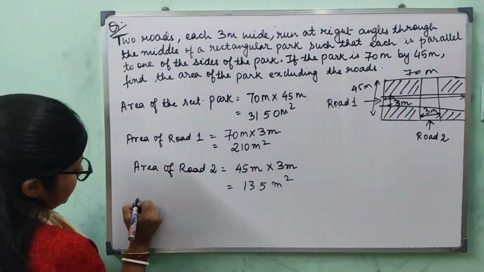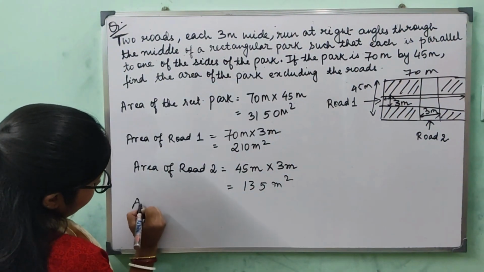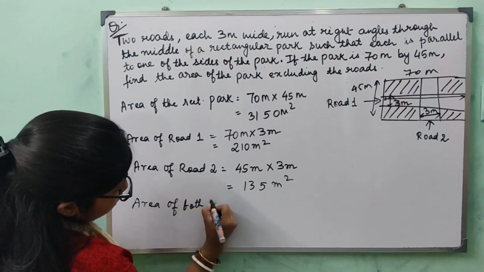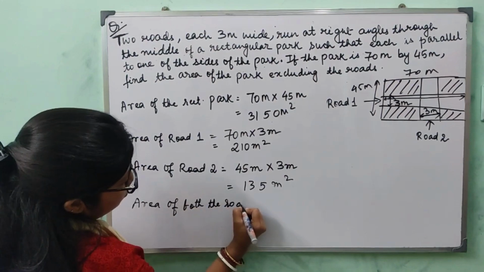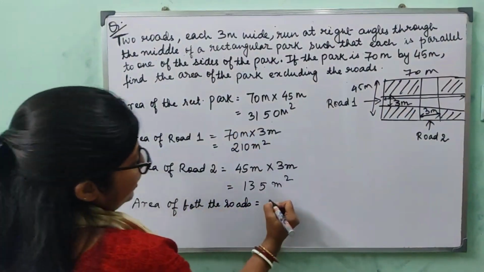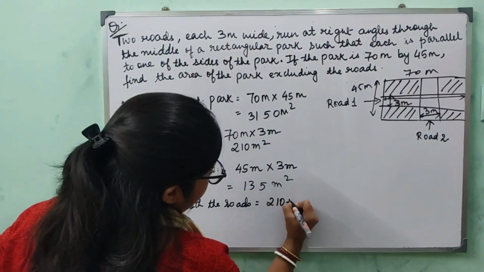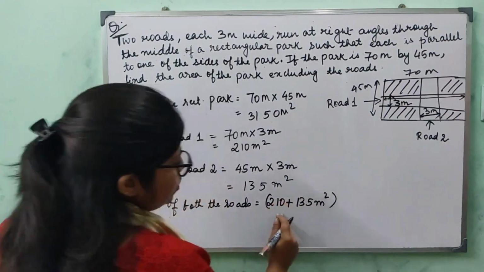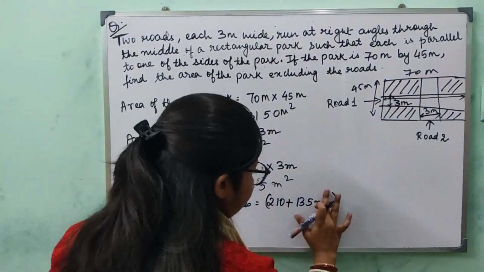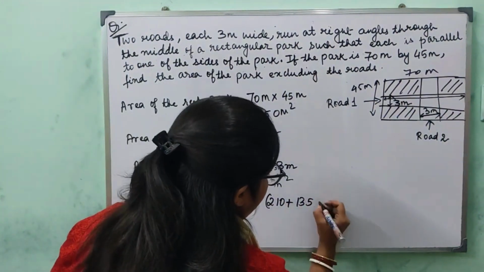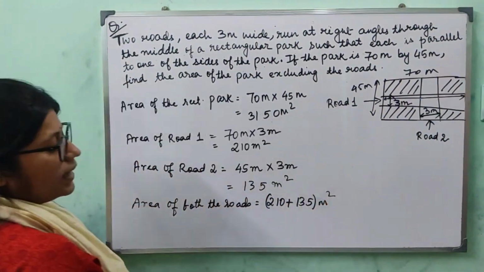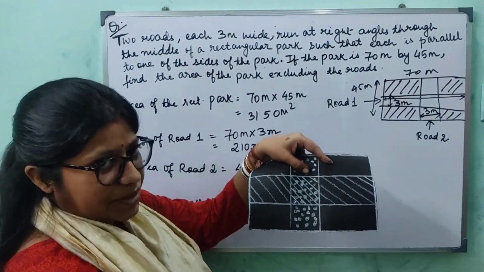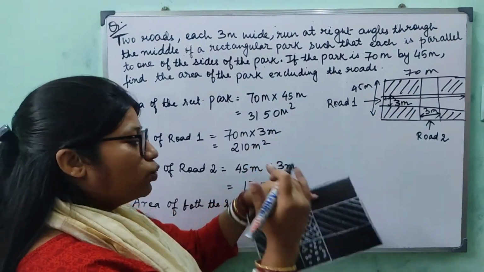So if I find the area of both the roads, it will be 210 plus 135 meter square. Here, the common portion was falling 2 times.